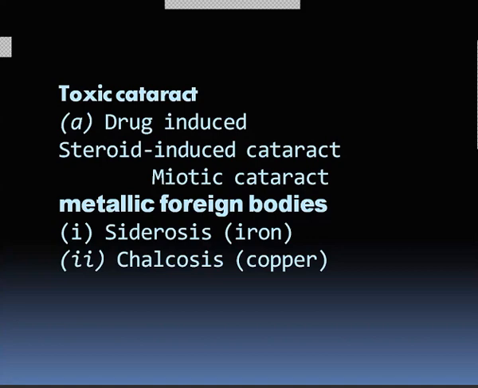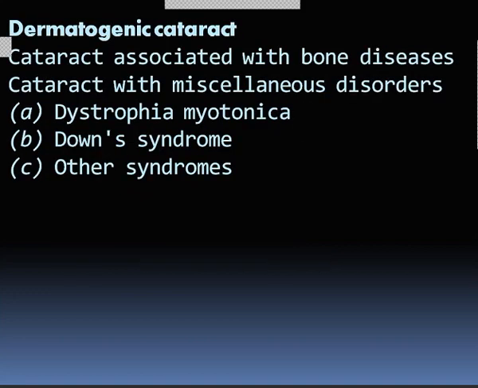And the metallic foreign bodies, that is iron or copper. Whenever foreign body penetration occurs, it may be removed, but the iron particles still remain in the AC or in the anterior capsule, leading to siderosis, and chalcosis in the case of copper.